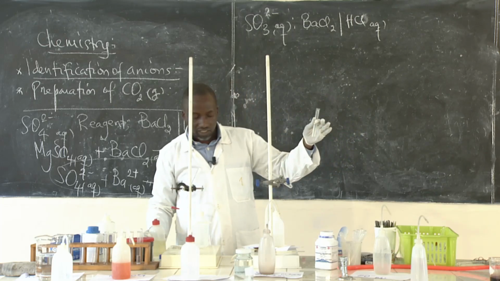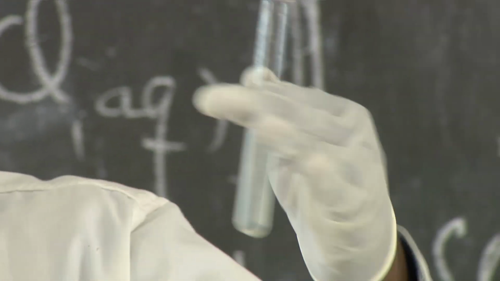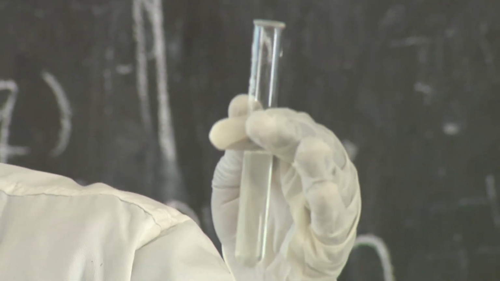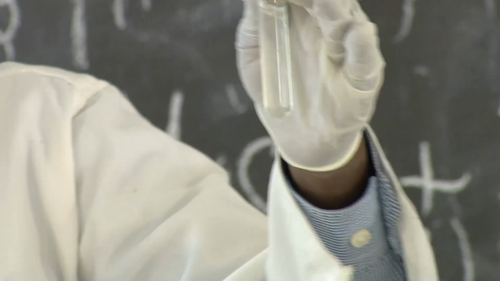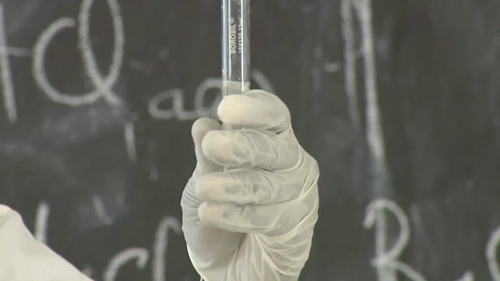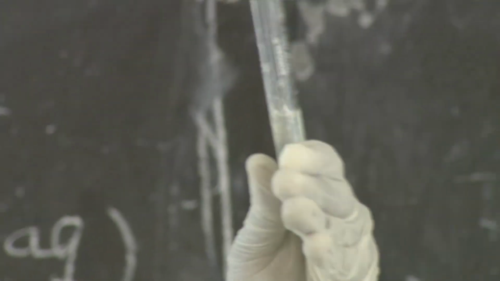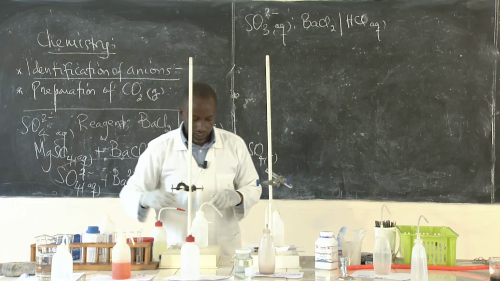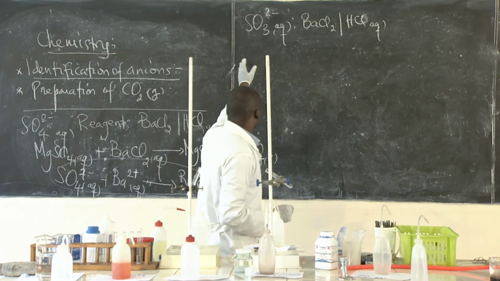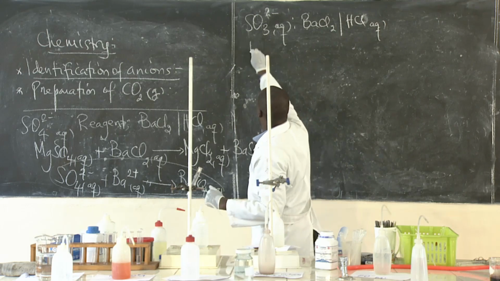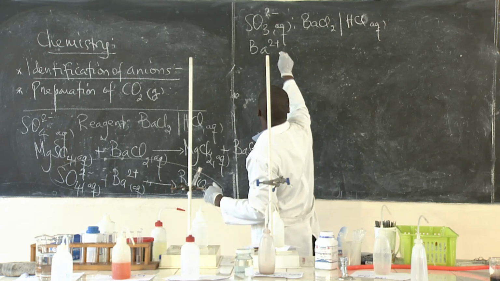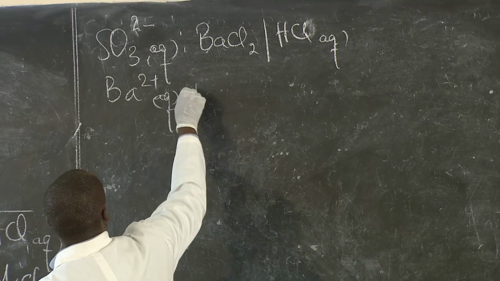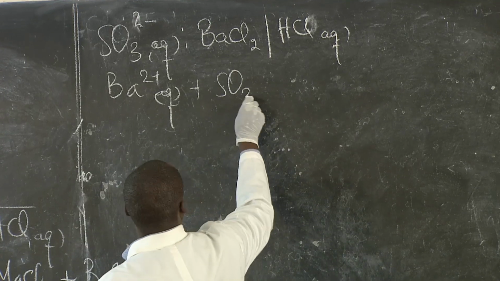So the precipitate is disappearing, slowly turning into a colorless solution. So what does that mean? It means that we still have the barium ions, they are reacting with the sulfite ions.